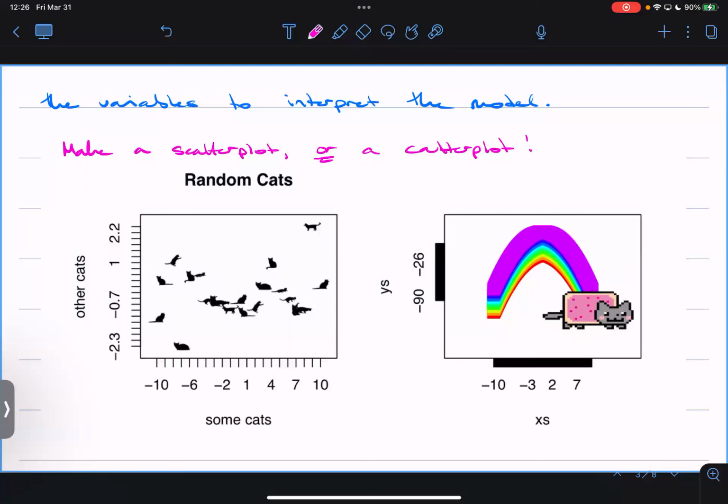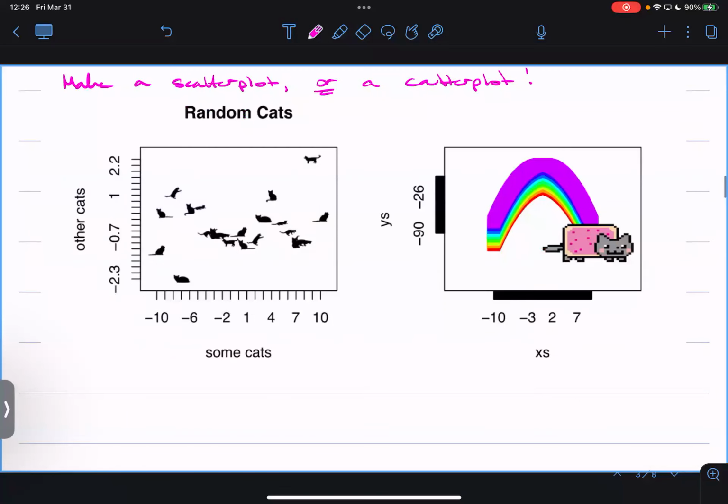Anyways, you can look up the scatter plot package. I did not make any adjustments to these. They just came as the default examples, and I stole them, and here we are.